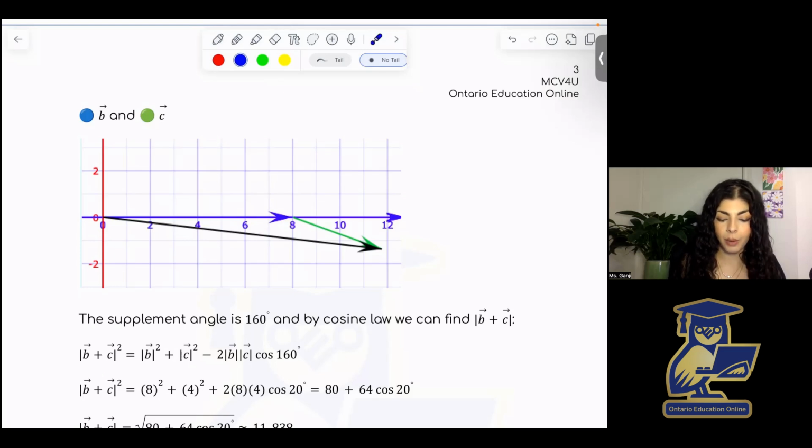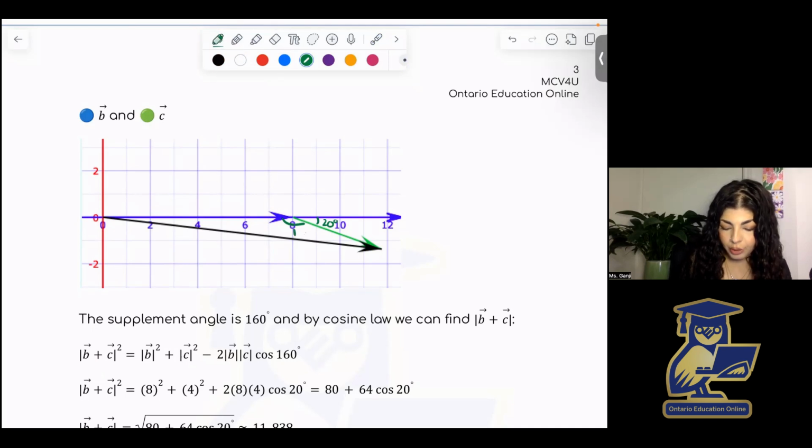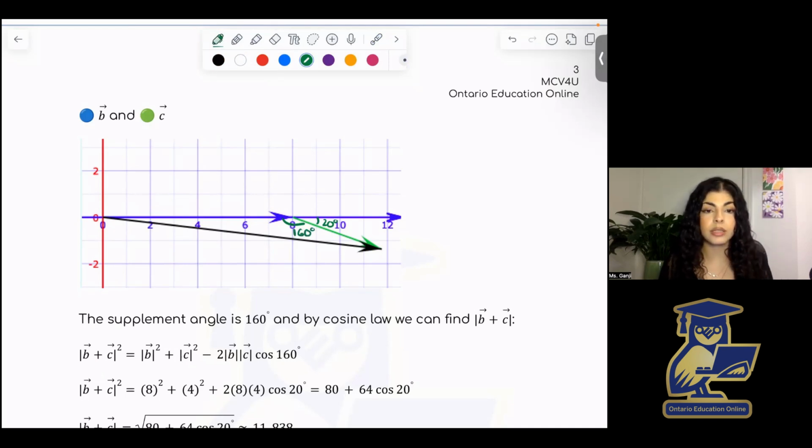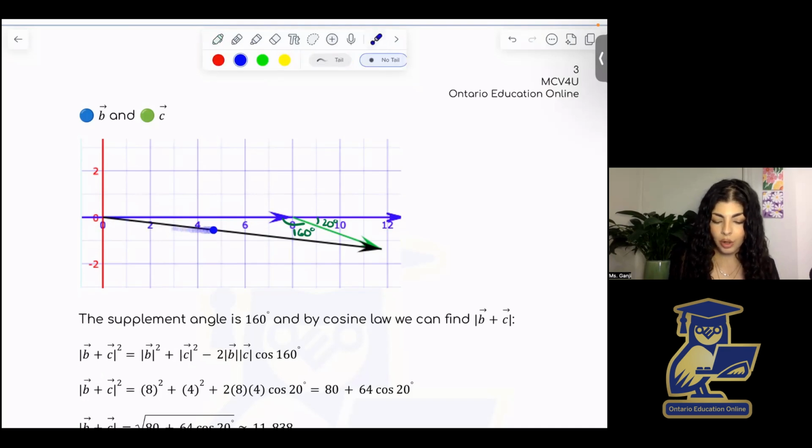It doesn't really matter where it was, I just care about that magnitude 8. And now here, this is really that 20-degree angle. So here I have 160 degrees, which is the supplementary angle. And C has a magnitude of 4 here, which is half of the magnitude of B. And I want to know what the magnitude of this resultant vector is.